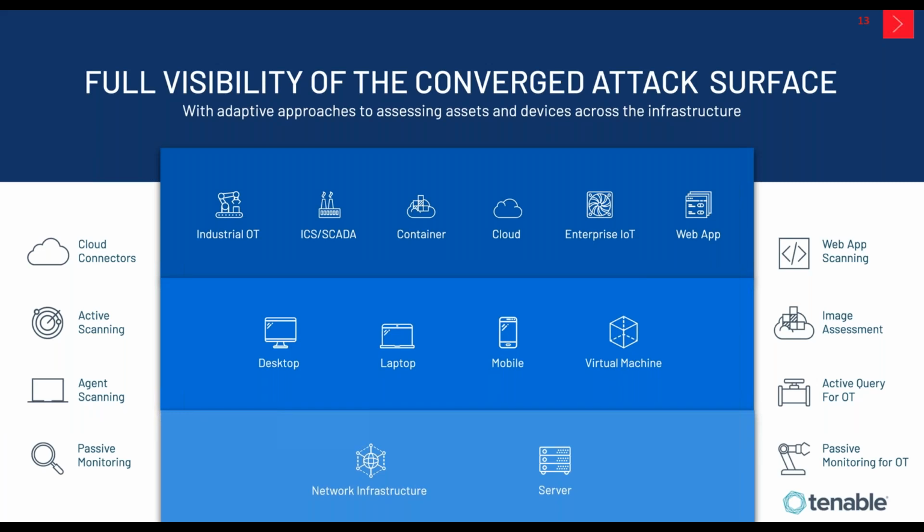At the very basic level, we need to provide an appropriate amount of visibility across this new converged attack surface. In some cases, the convergence is happening on purpose, with teams converging their IT and OT operations.